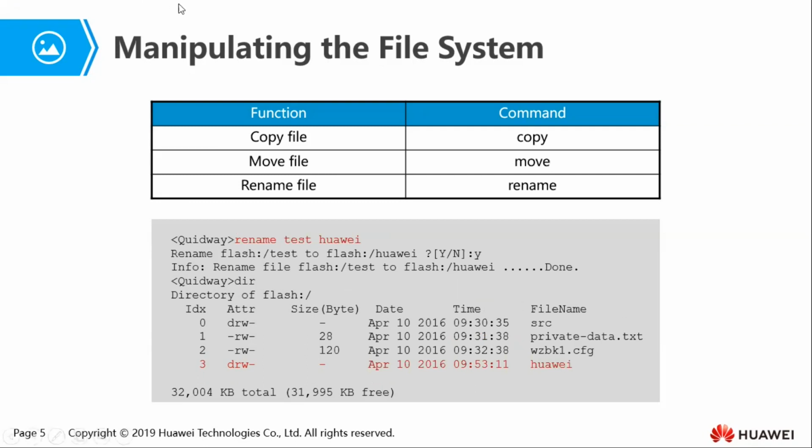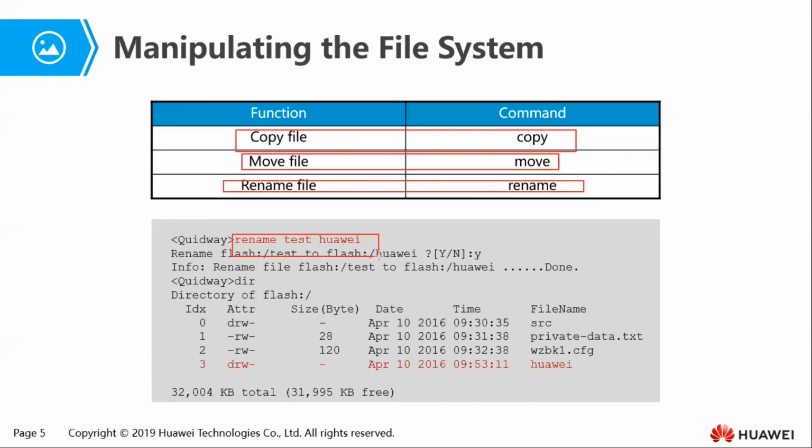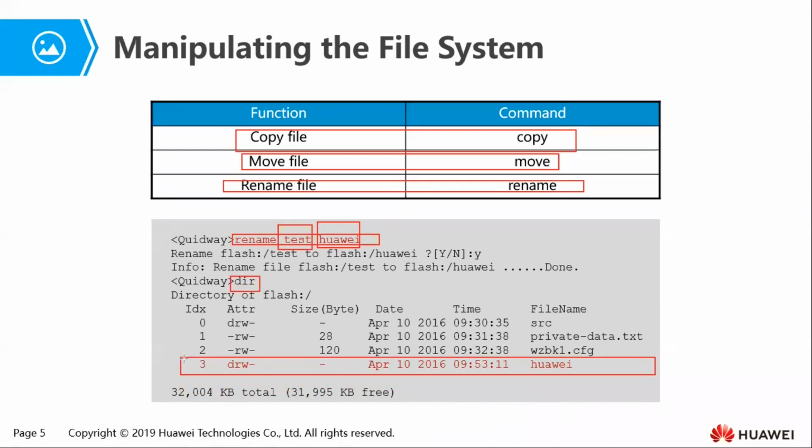Other things you can do to a file are to copy the file using the copy command, move the file to a different location using the move command, and you can also rename the file. The file we just created, we want to rename from its original name test to the name Huawei. And therefore, if we do dir, we're going to see that now the name has changed to Huawei.